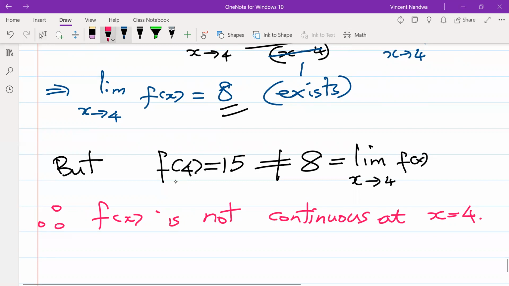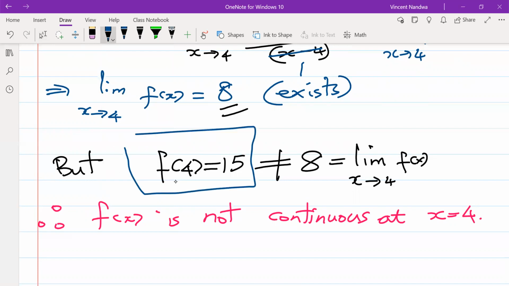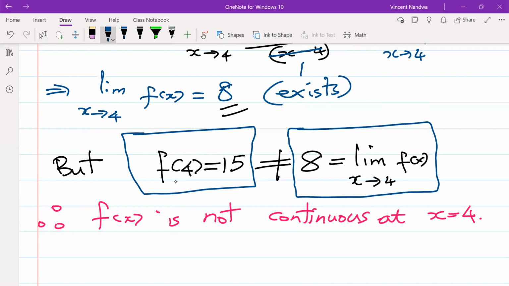So this is the value of the function at x equals 4. So that is f of 4. Okay? And then from our calculation, the limit of this function is given by 8. Okay? And you see the 15 and 8 are different numbers.